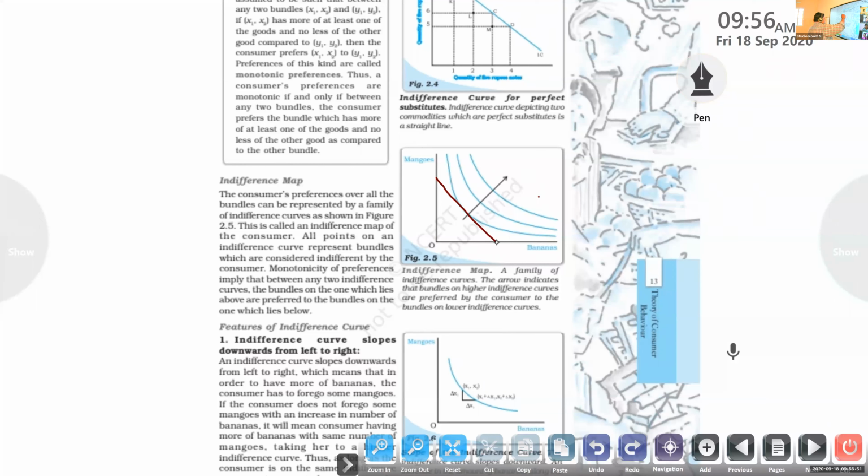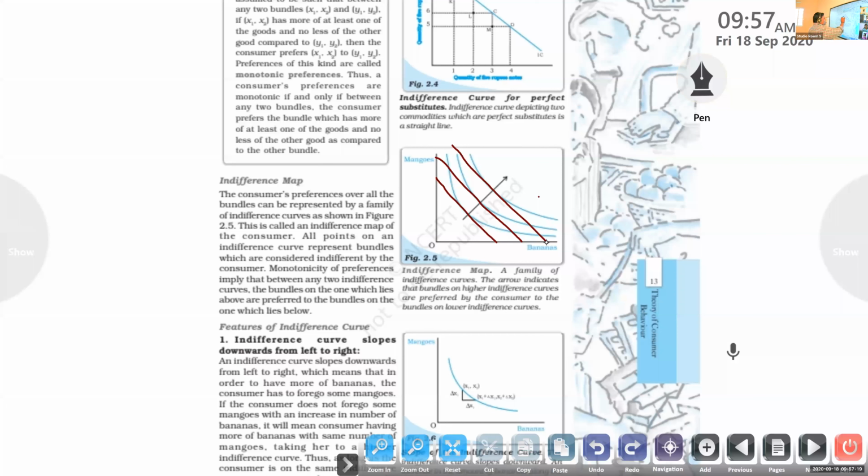In the second set, the budget line moves away from the origin, and at the same time the higher indifference curve also moves away from the origin. In the third indifference curve and the third budget line, what happened? The budget line also moves away from the origin, and the indifference curve also moves away.